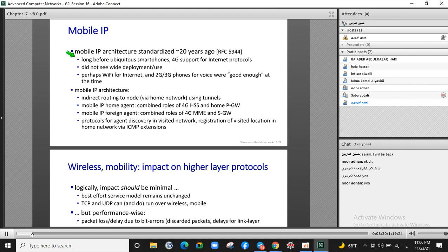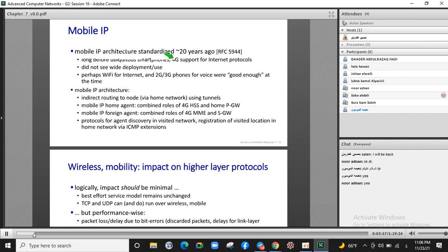Because after Wi-Fi was presented, and in 2G or 3G networks especially, people just tried to send and receive information in voice format.